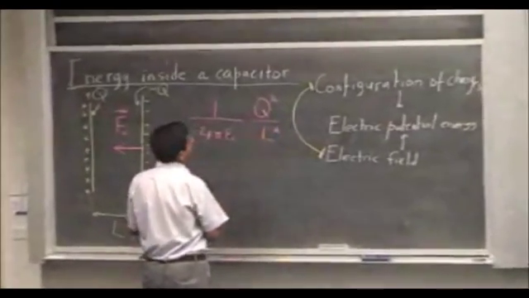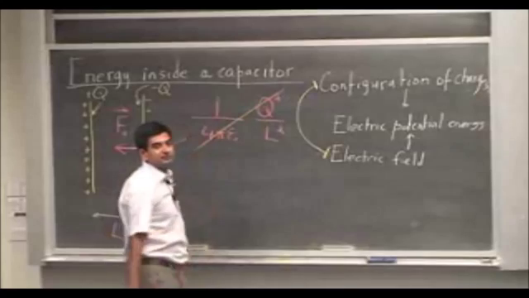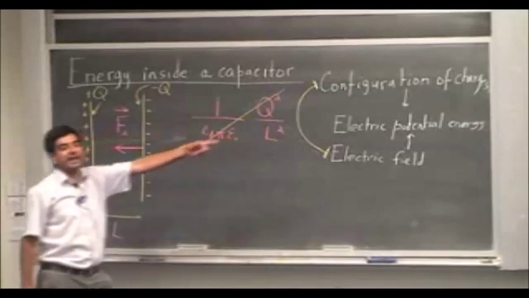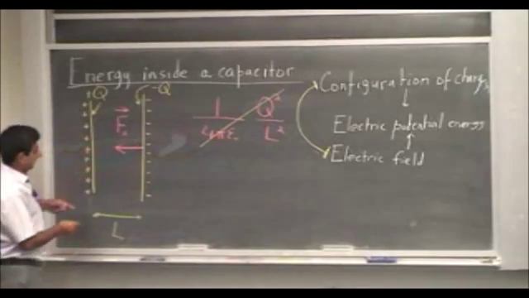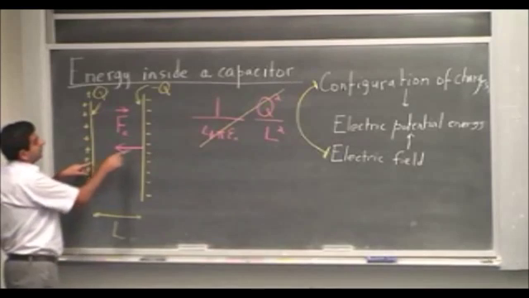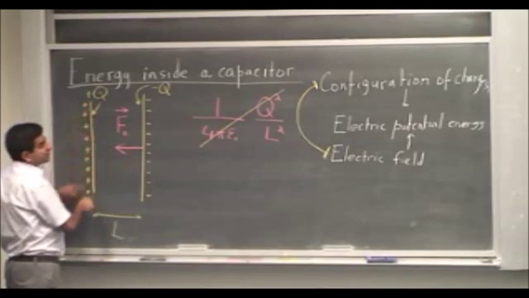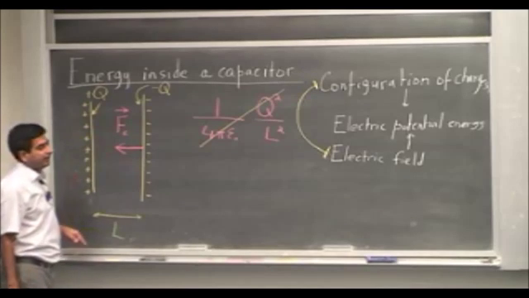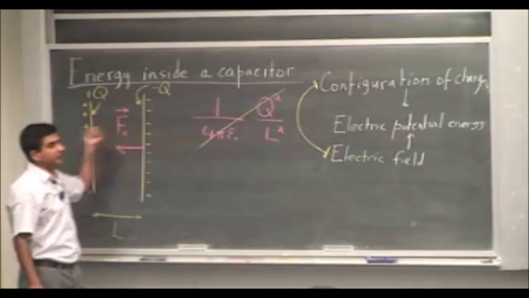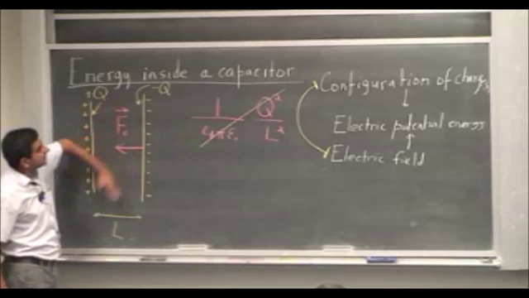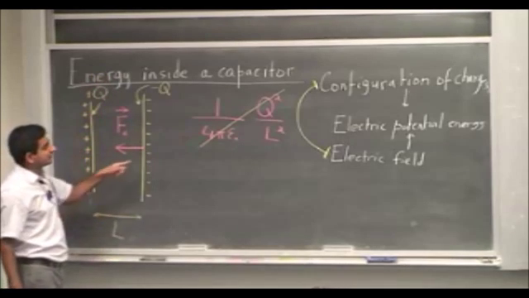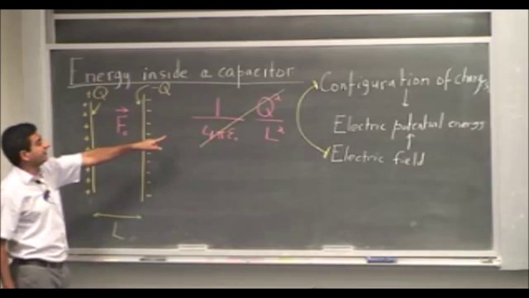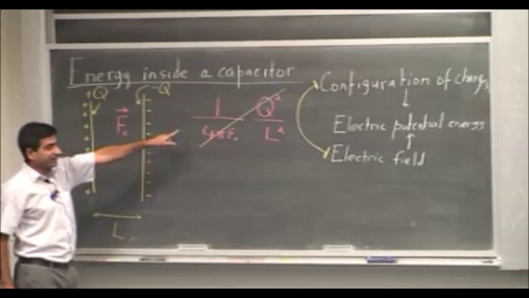But let me tell you, this is incorrect, because you cannot define an L. In Coulomb's law, there are negative charges and there are positive charges everywhere, so you cannot define an L. If you were just looking at the distance between two charges, the distances are all variable. So this is not the proper way of finding the electric force.